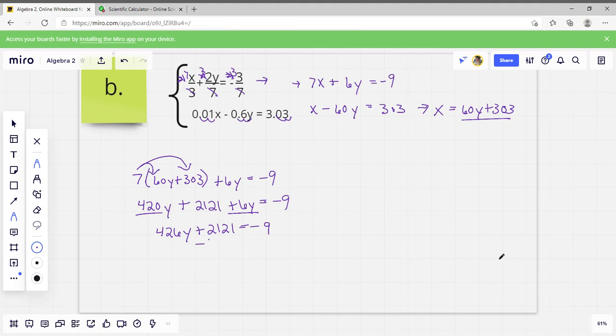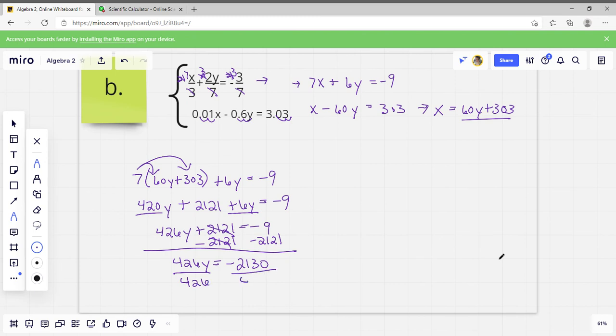Now I need to subtract, and I get 426y equals negative 2130. Now I'm going to divide by 426.